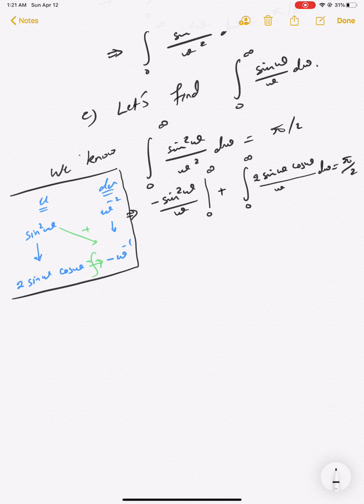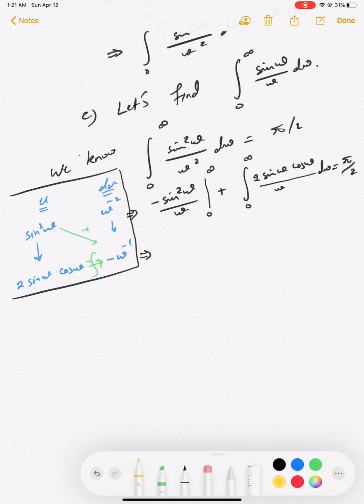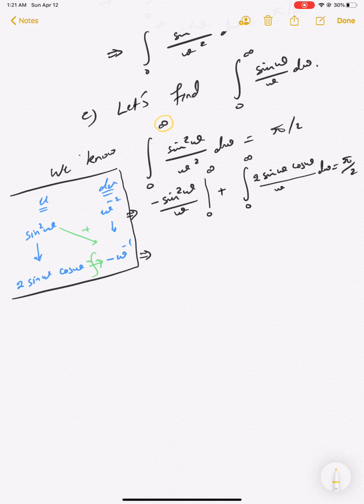That's all equal to pi over 2. And please remember, we mentioned this many times, when we deal with improper integrals like this, from 0 to infinity, this is an improper integral. It is an improper integral because of two reasons. The infinity makes it an improper integral. The 0 also makes it an improper integral, although the function is continuous at 0. It has a removable discontinuity.